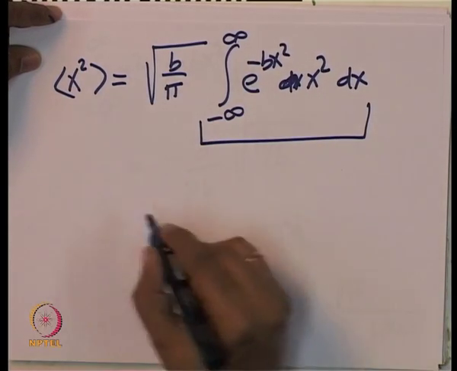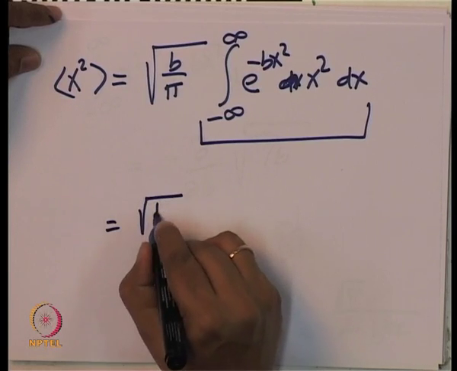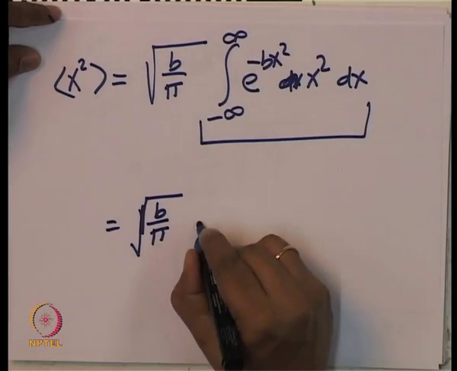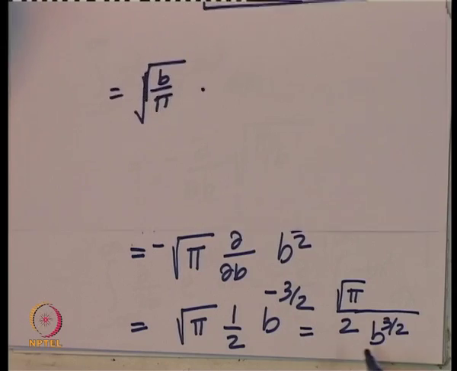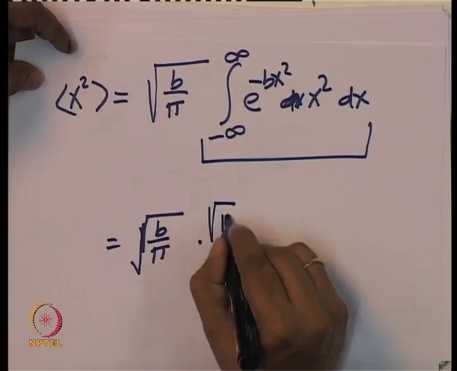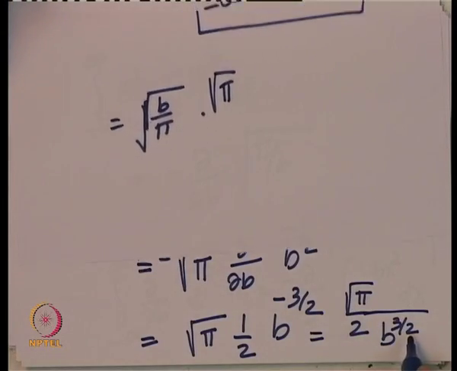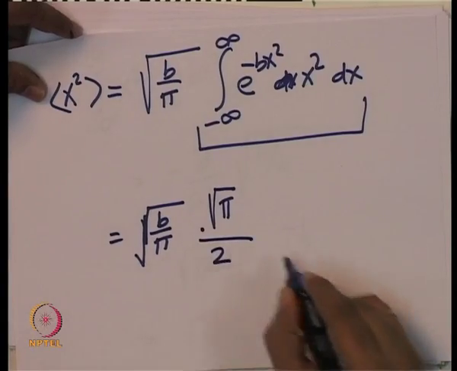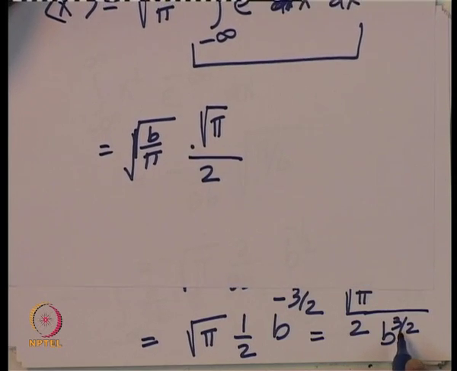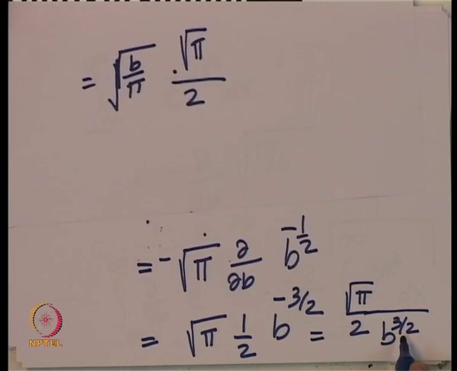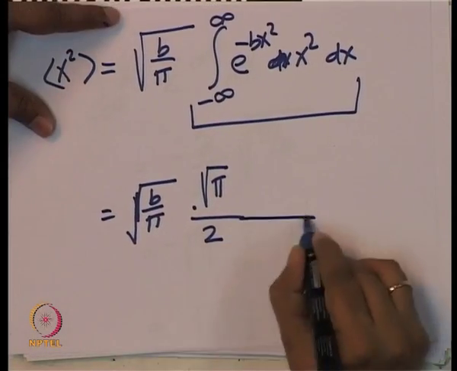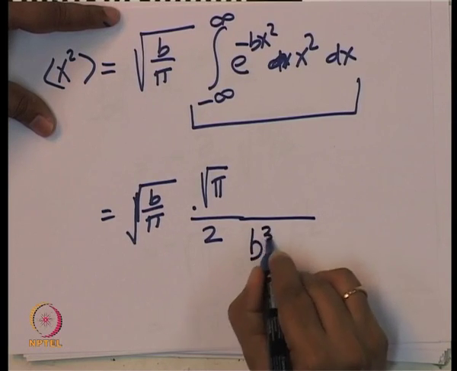So, this is equal to root of b by pi into root pi by 2 b power 3 by 2. So, b power 3 by 2 is what? So, b into b power 3 by 2. Okay. B power 3 by 2 can be written as b into root b if you wish.